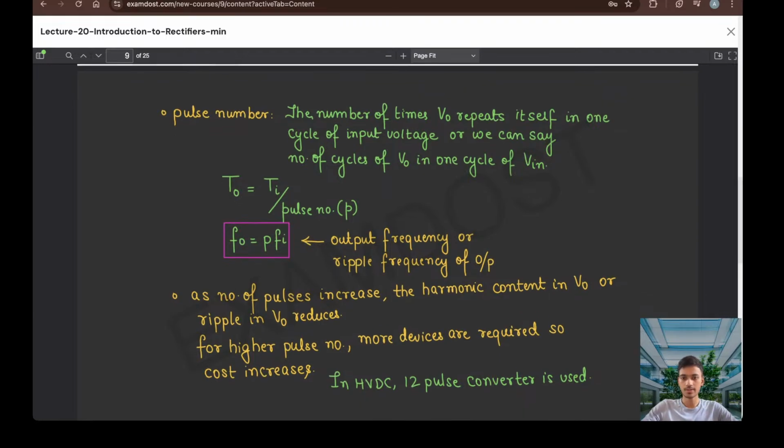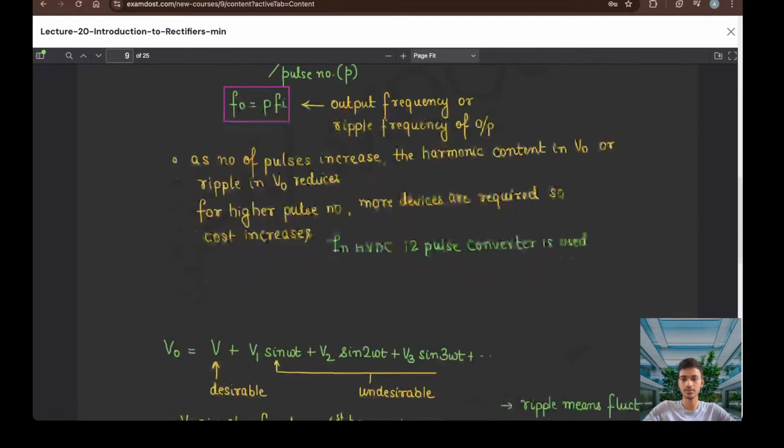As the number of pulses increases, the harmonic content or ripple in VO reduces. For higher pulse number, more devices are required, so cost increases. In HVDC, a 12 pulse converter is used.